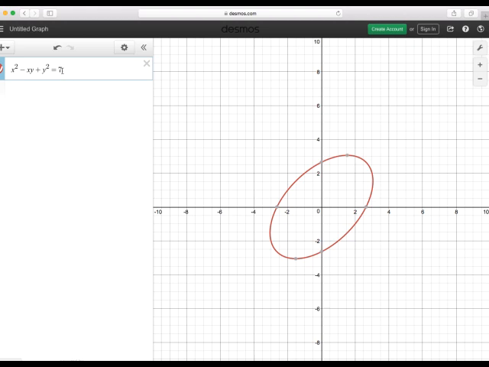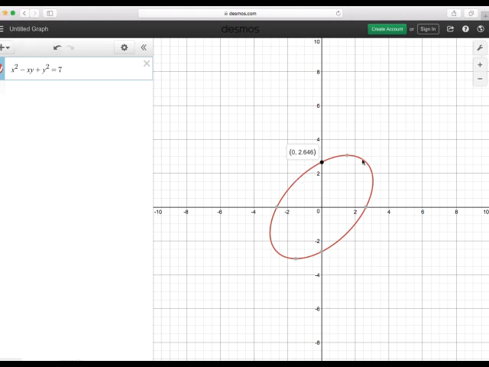So what they want to know is, at the point -1, 2, so at this point right here, at that point right there, if I drew in a tangent line, what would its equation be? That's what the question's asking me to find.